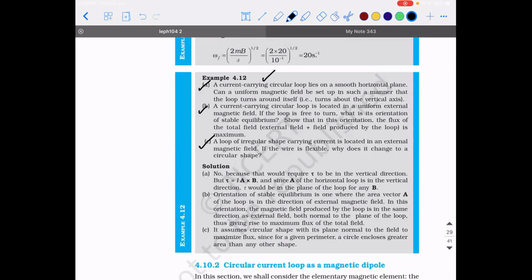So first, let's come back. There is a current carrying circular loop lying on a smooth horizontal plane. Can you generate a magnetic field in such a way that the loop turns about itself? So they want the loop to turn in this way. Is it possible?